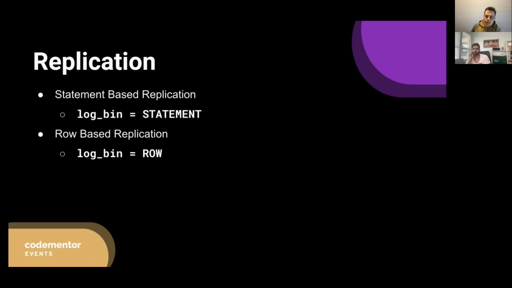It's clear that, for example, for delete star from my table, it may produce millions of rows, and in the binlog it will take quite a lot of space. But it's definitely safer than having some random non-deterministic behavior. So the basic rule of thumb: use row-based replication whenever possible.